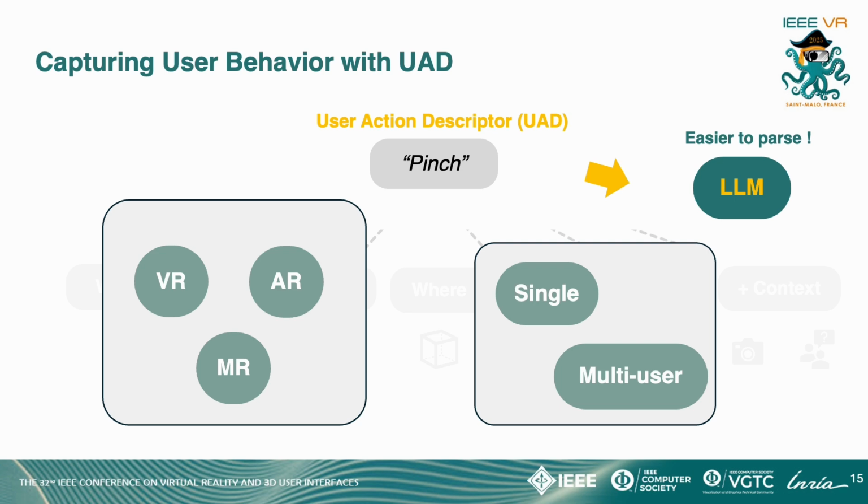Using our UAD format, we can now capture the user's information regardless of virtuality or single and multi-user scenarios. Also, because we bind all user data to an action-oriented hierarchical format, this helps us transfer the data to the LLM for AI-guided analytics.